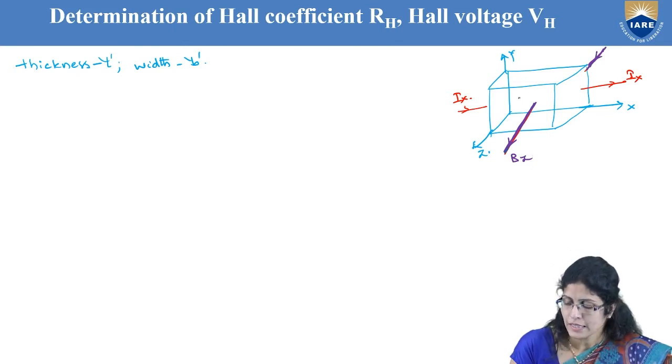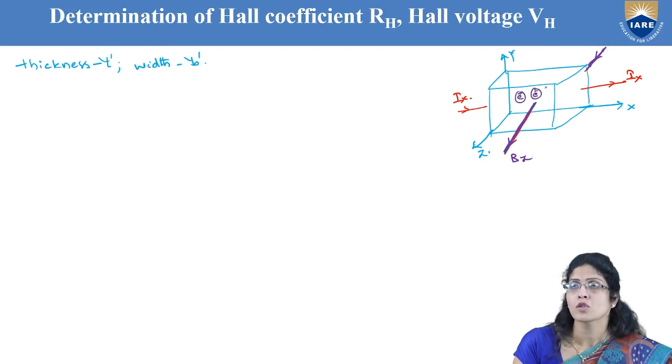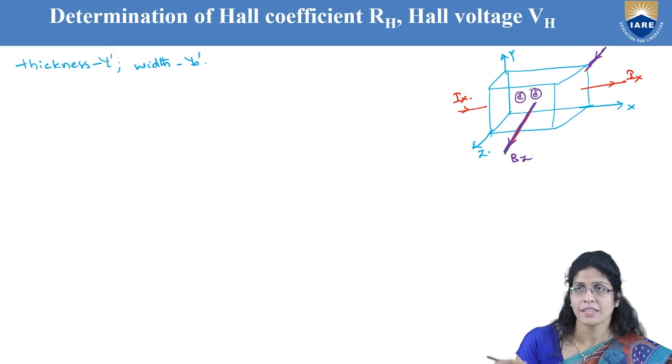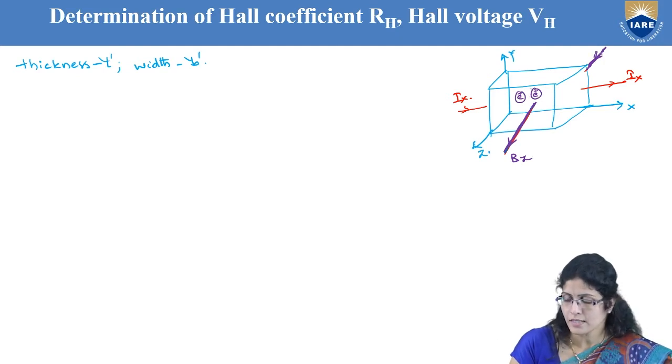When the current is flowing, the electrons are flowing like this. These electrons will be affected once this external magnetic field is applied, and they will deflect down to this face. This will deflect down to this face.